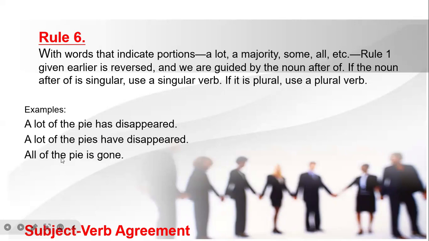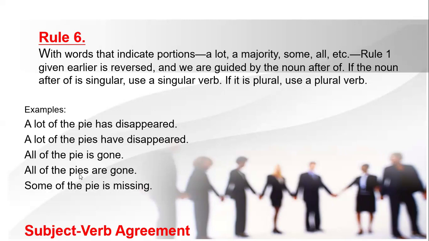Then all of the pie is gone. All of the pies are gone: here plural after of, so that's why we have used are. Some of the pie: again, pie is singular, so is. Then some of the pies are missing. Here pies is plural, so that's why are.